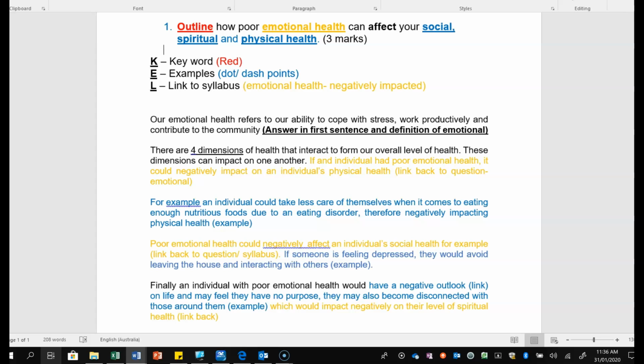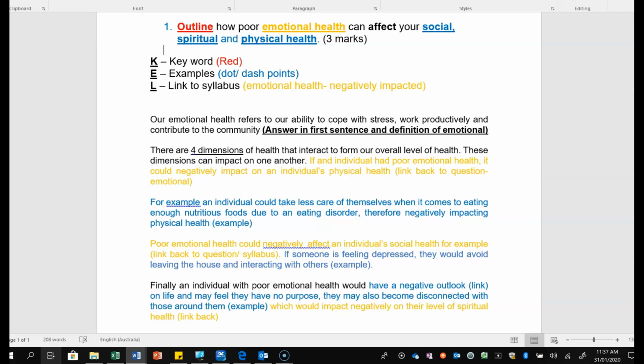The outline is a key word. You've been given a list of key terms and you must address those key terms when you answer a question. If you look at your key terms, outline is indicate the main features. So we are looking at emotional health and the impact it can have on social, spiritual, and physical health.